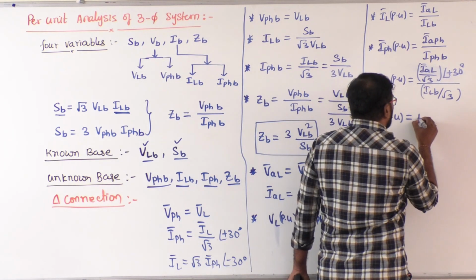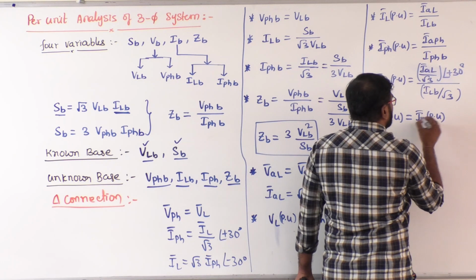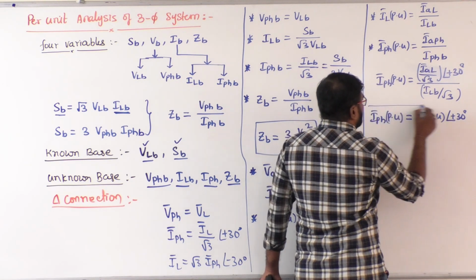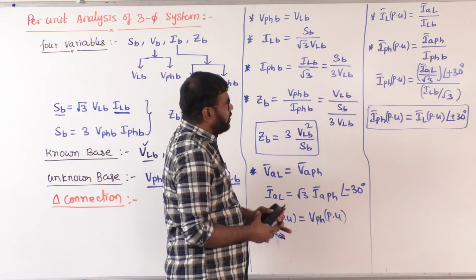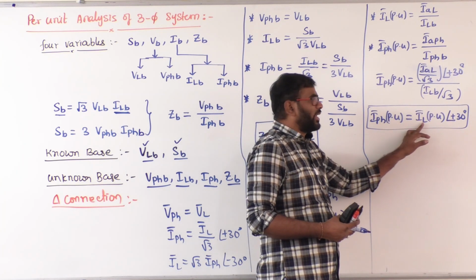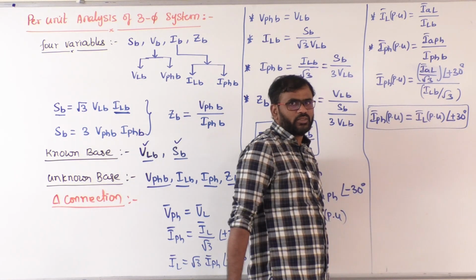So, what I get now is the line current in per unit at an angle plus 30 degrees. What can we understand here? Again, the phase current in per unit equals the line current in per unit, but at an angle plus 30 degrees.